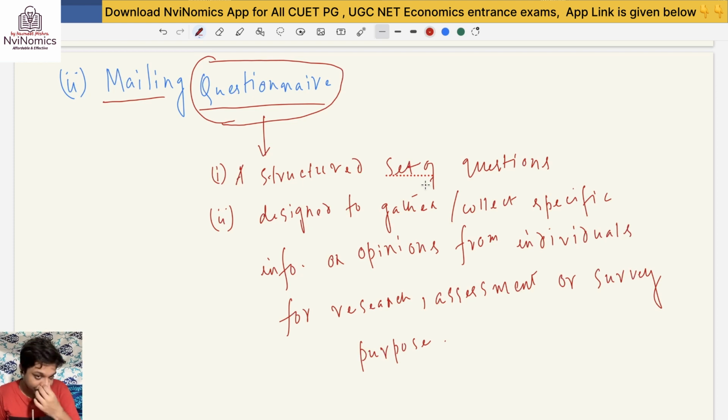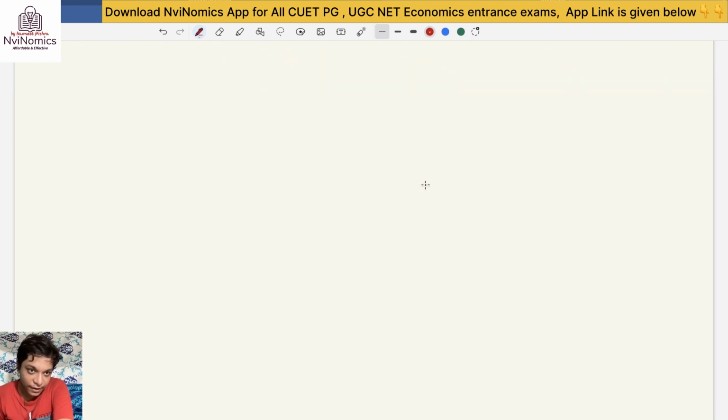Now, after defining questionnaire, I will try to explain what the mailing questionnaire method means, how it is conducted. In the mailing questionnaire method, the data for the survey or for the purpose of research are collected by mail, by sending mails.